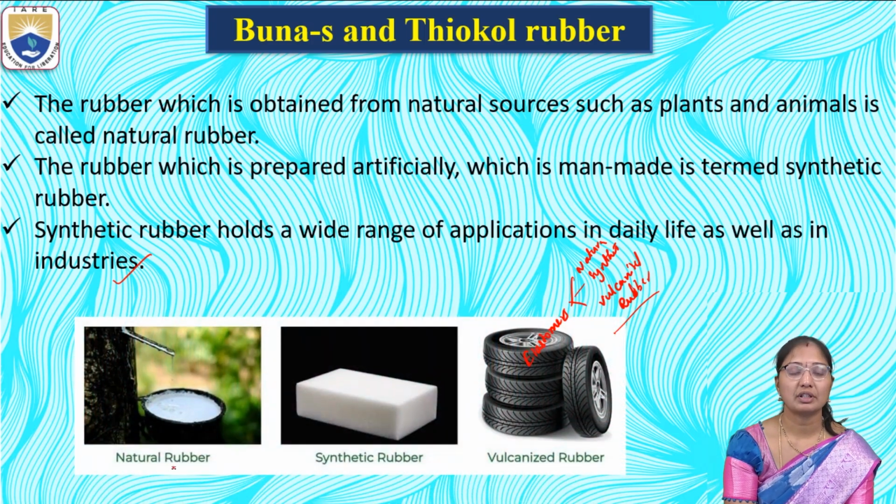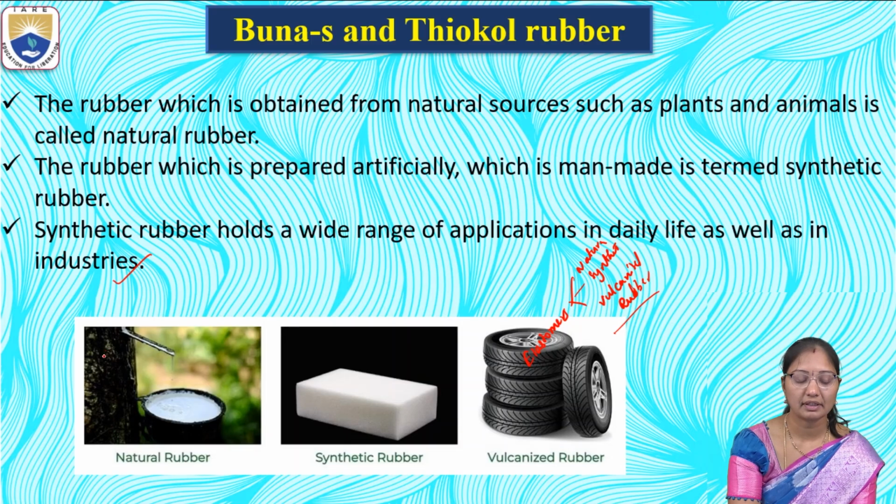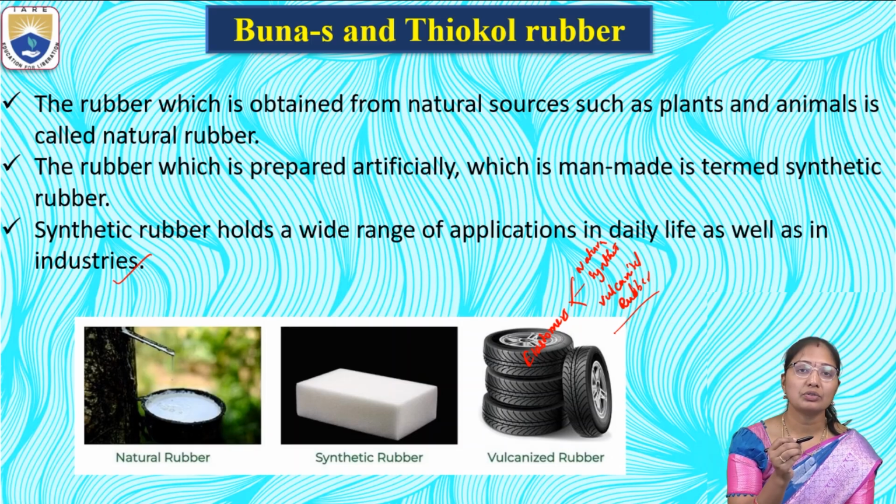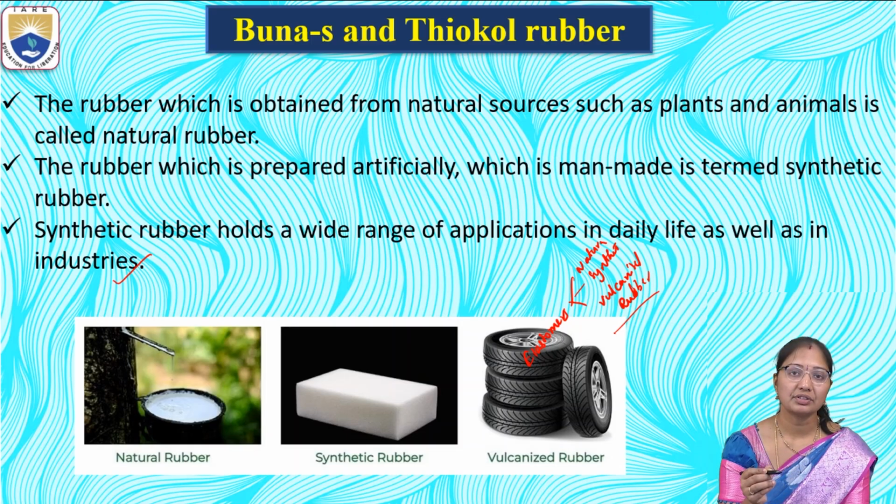This is the natural rubber which is obtained from the rubber tree, Hevea brasiliensis. This is the milk or latex which flows from the tree. A small incision is made on the tree, which allows the latex, a milk-like colloid present inside the tree, to flow out and be collected in vessels.